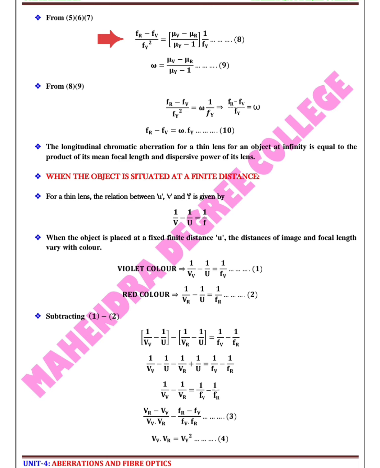So finally we get (Fr minus Fv) by Fy square equals (mu v minus mu r) by (mu y minus 1) into 1 by Fy. This is the equation number 8.